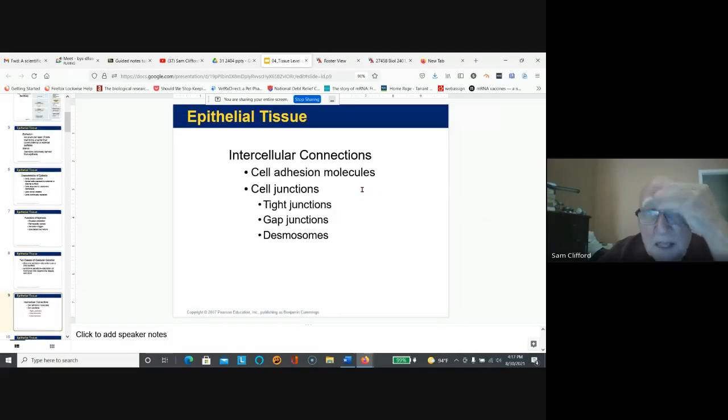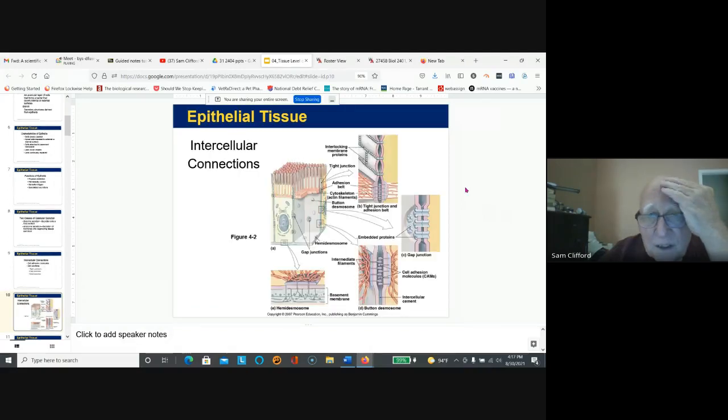There are special connections that hold cells together. I just want you to know about tight junctions and gap junctions. A gap junction is an electrical synapse. It allows electrical current to flow through these pipes, and it's in the heart. Heart tissue is full of gap junctions.